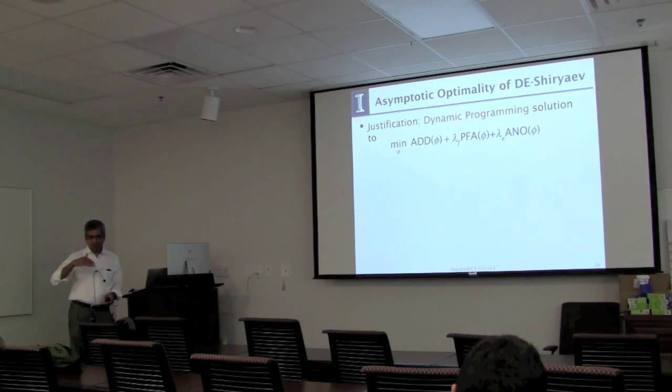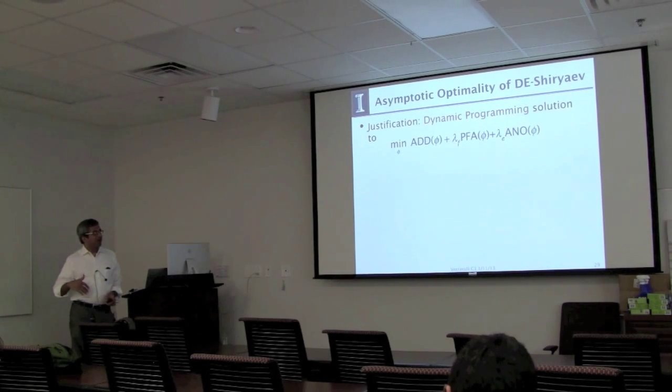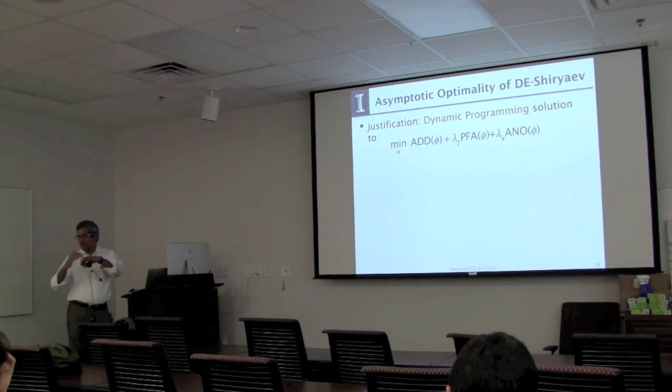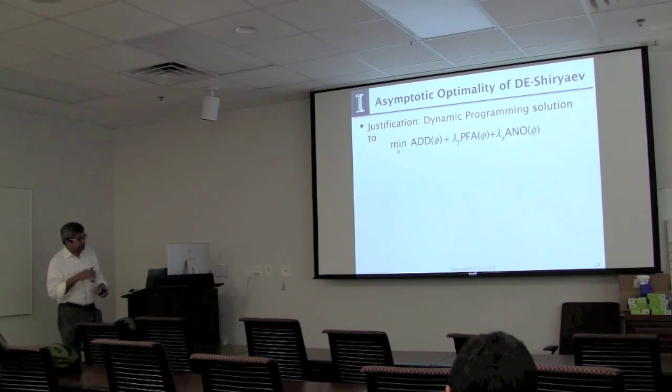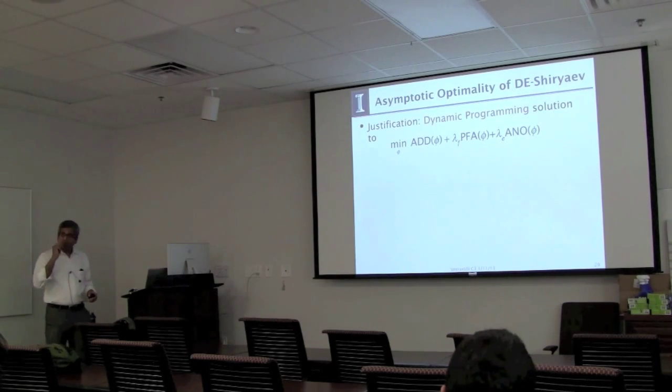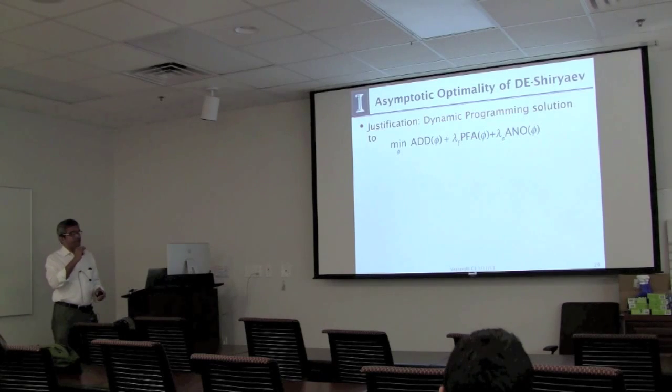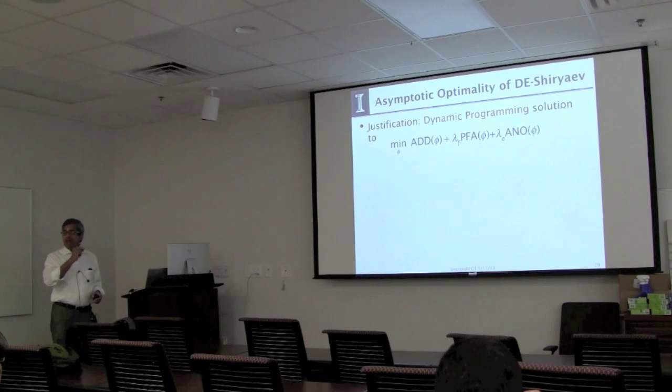In fact, you can show that in general, you could have multiple thresholds. The reason for multiple thresholds is that the decision regions for this test are determined by the intersection of two concave functions, and they can intersect in many different places. That's the problem. But if you compute this numerically for given values of the constraints, then most of the time you get a two-threshold solution like the one I described.